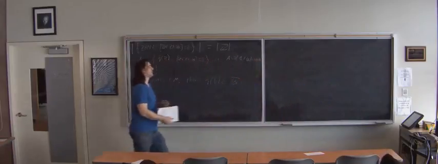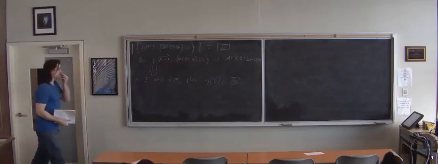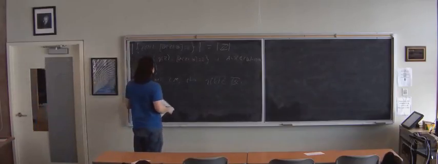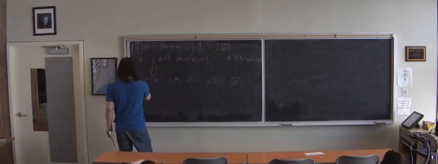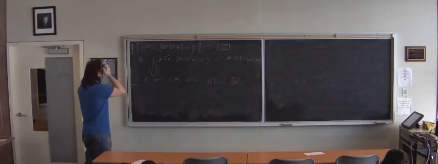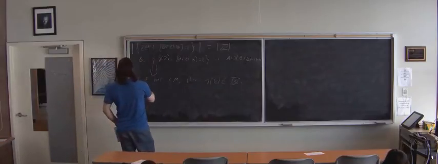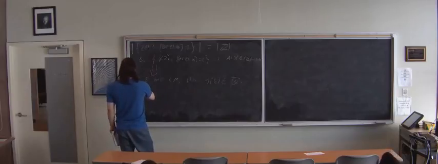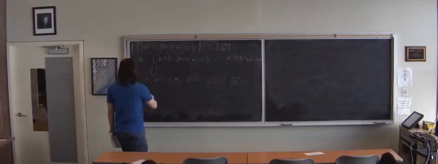Now we define our special subvarieties. Okay, so there's a natural variety inside X1 squared. Let me introduce it this way.